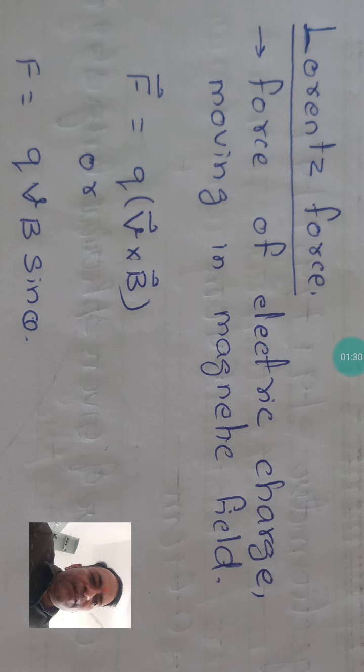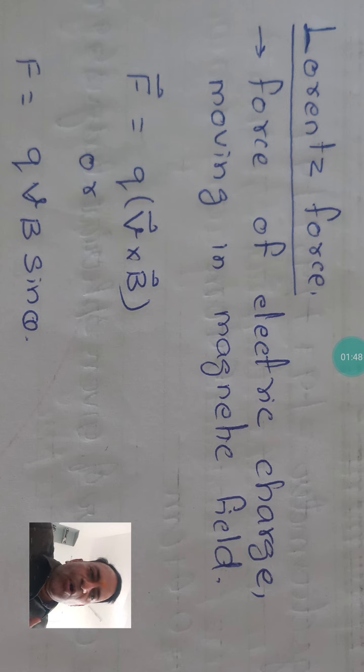I can also write it in scalar form, and in scalar form we just multiply this V cross B and make it VB sin theta. So F is equal to QVB sin theta. Again, what are the variables?